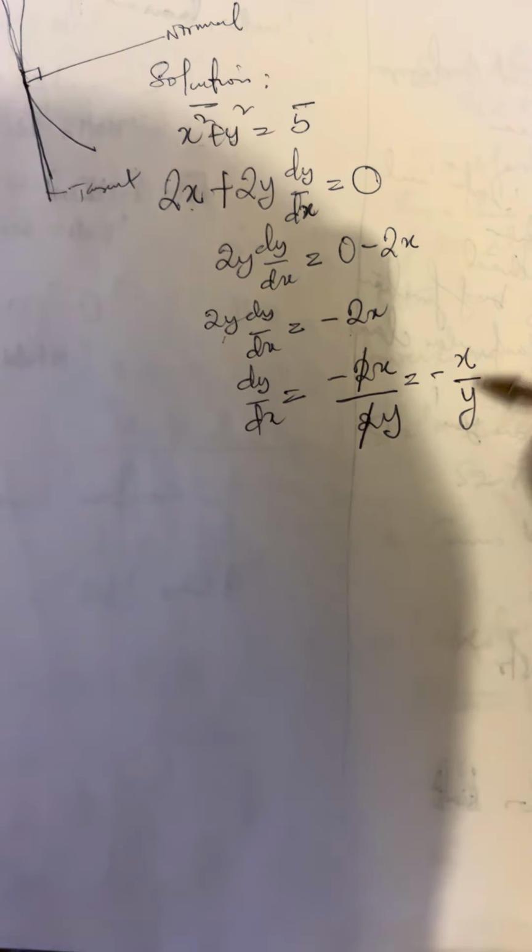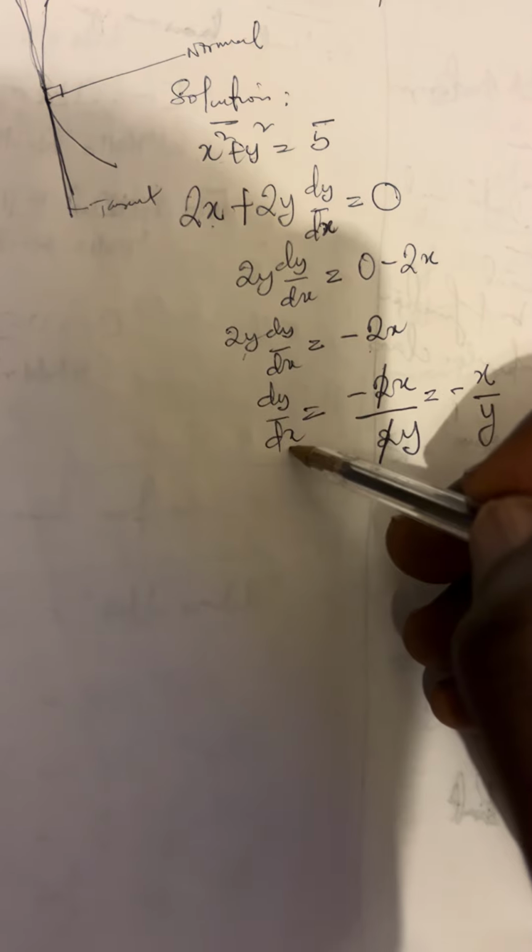The 2s cancel. So this is the differentiation of the curve. Another word for differentiation is gradient, or slope.